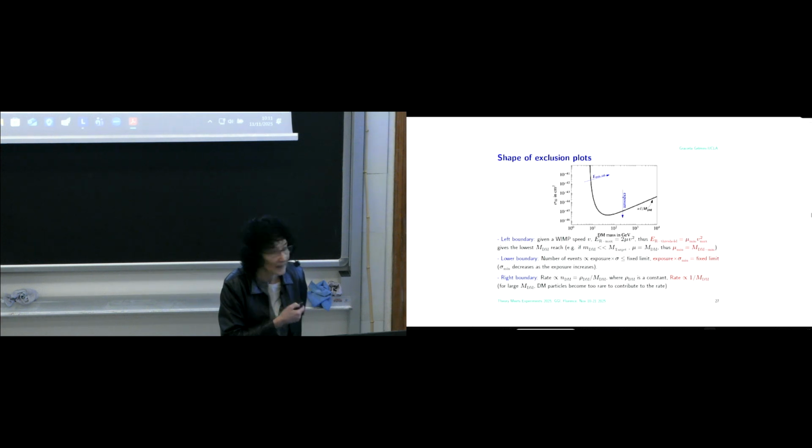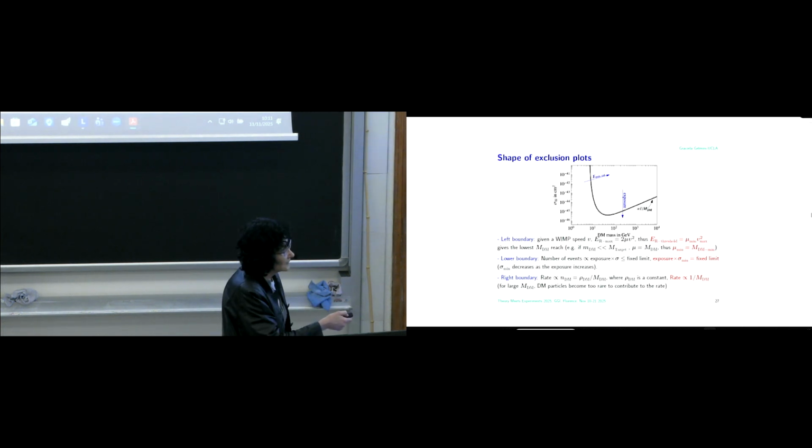Okay. And then finally, the right boundary. The rate is proportional to the number of dark matter particles around. The density is fixed, it is 0.4 GeV per centimeter cubed. And so the number density is the density divided by the mass.